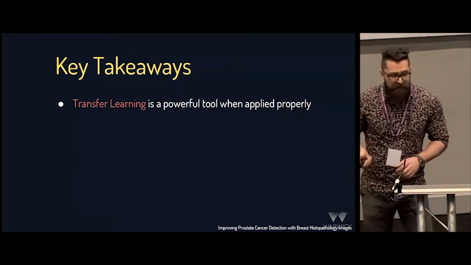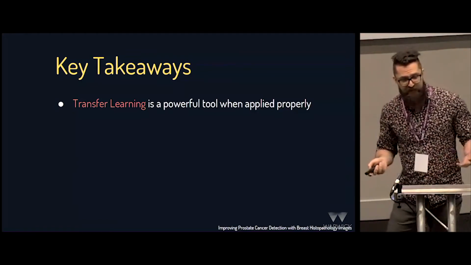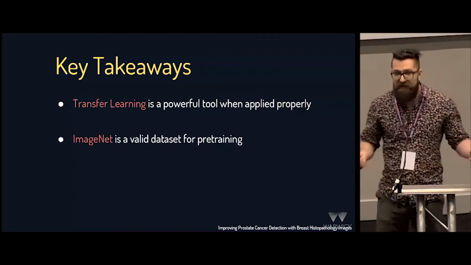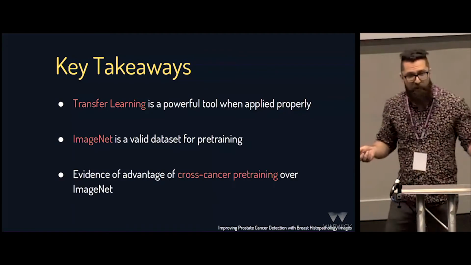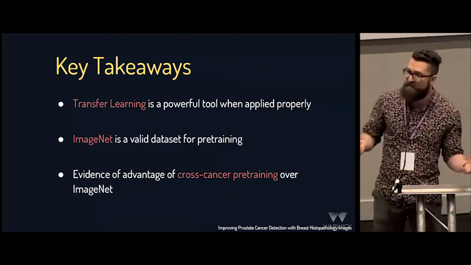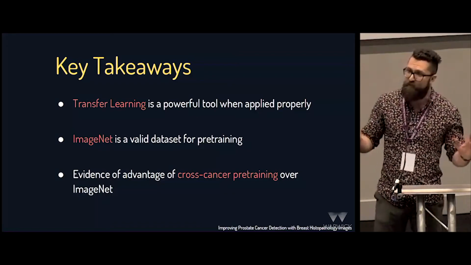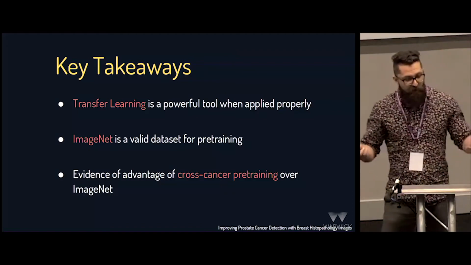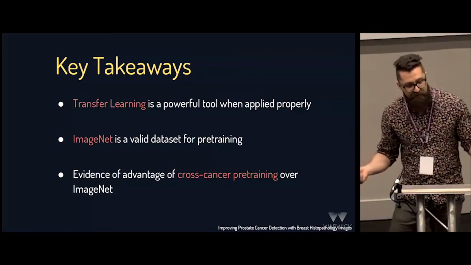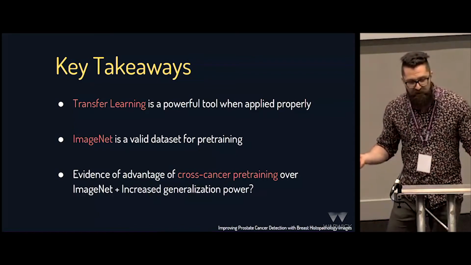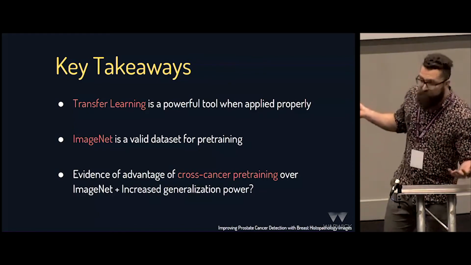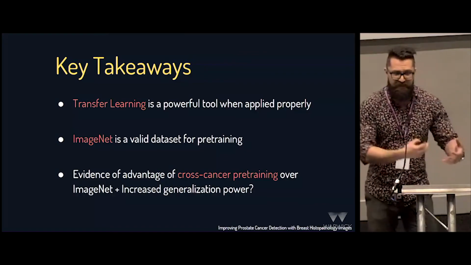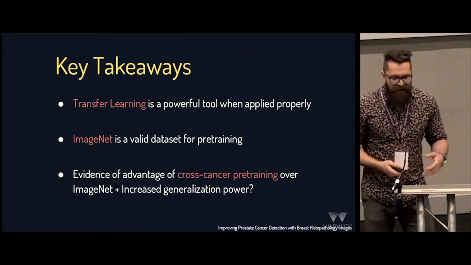So I'm finalizing. Key takeaways: transfer learning is a powerful tool. Use it. ImageNet is a valid baseline, but we provide the evidence, which needs to be validated, of course, with several other cohorts, evidence of cross-cancer pre-training over ImageNet. And we also believe that this also increases generalization ability.